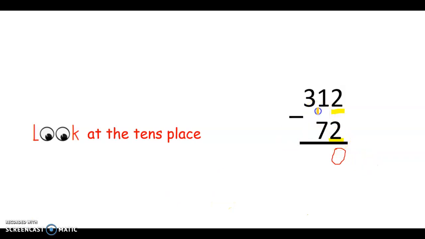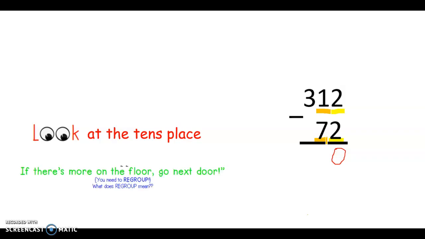And I notice, okay, I have a 1 in the tens place on top, and I have a 7 in the tens place on the bottom, or on the floor. Well, if there's more on the floor, you have to go next door. We cannot take 7 away from 1 because 7 is more than 1.